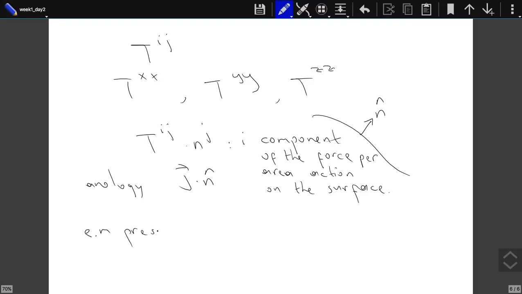Electromagnetic pressure, let's call it P, is equal to Tij n_i n_j. So this will be the pressure acting on my surface. This is the component of this force perpendicular to the surface. There is also the other component, which is horizontal to the surface, which we call the shear.